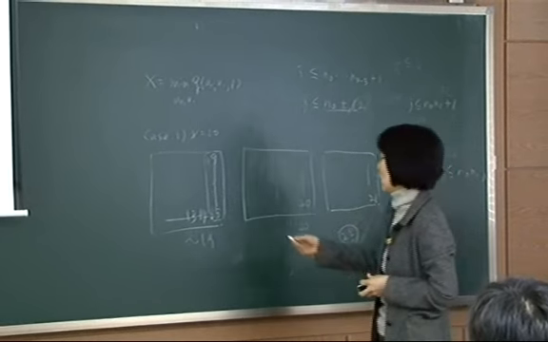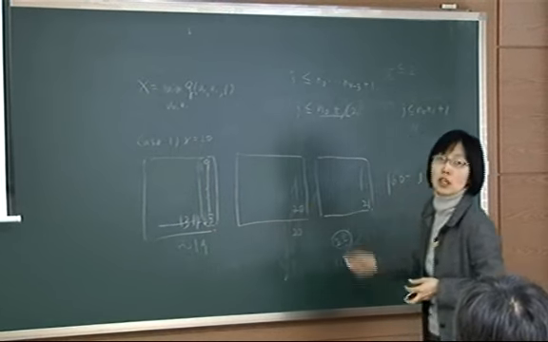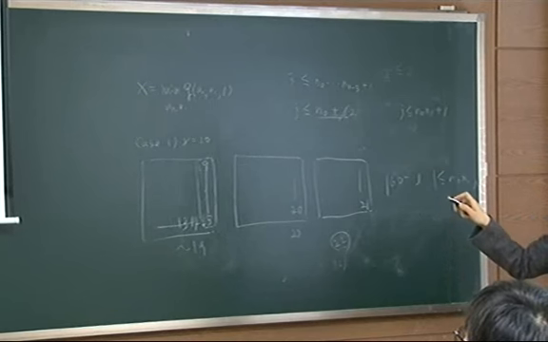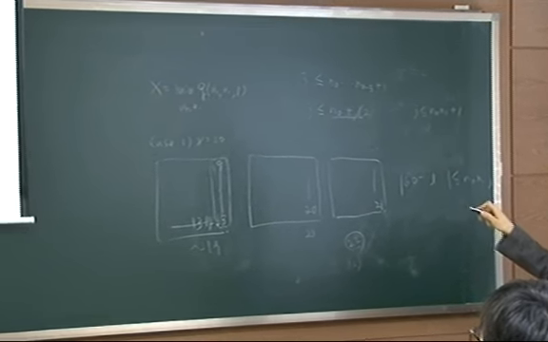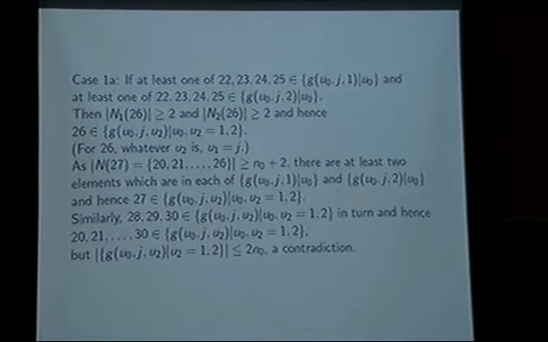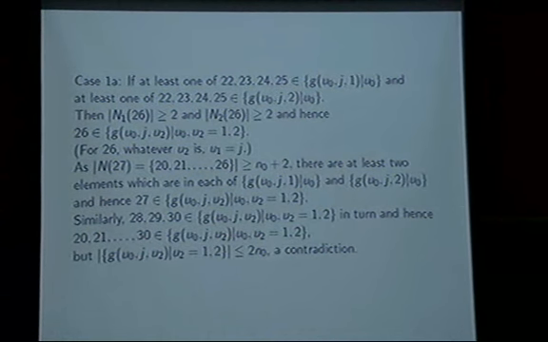If it contains at least 2 elements in this line, then they should stay here. And then by the same token, 23, 24, 25, they should all stay in these 2 lines. The first case is if at least one of these stays here. Okay, at least one of them stays there and one of them stays there.